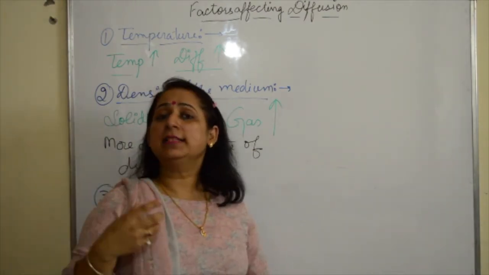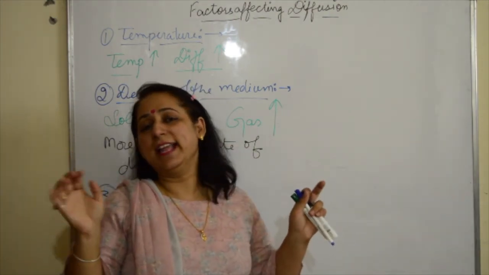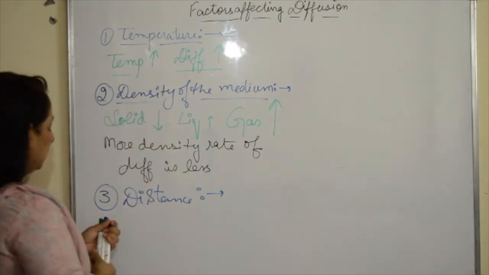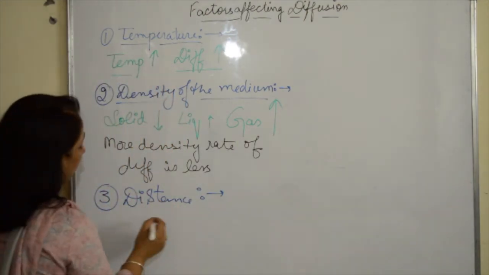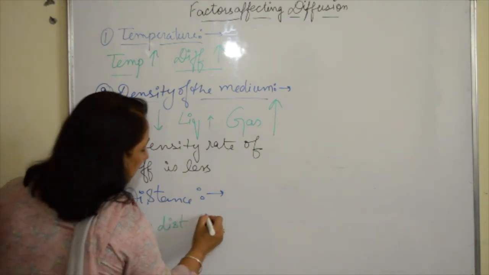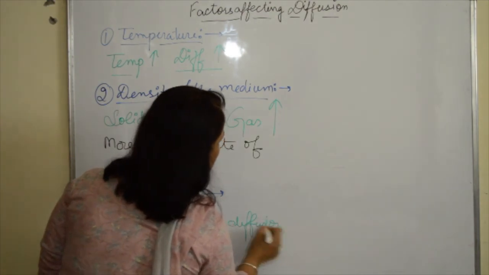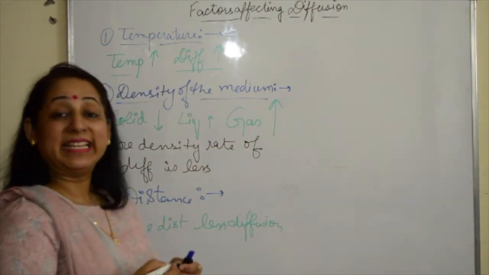The fragrance spreads to a larger area, and hence is not able to reach the distance. So what do we say here? That more distance, less diffusion. So if the distance is more, the rate of diffusion decreases.